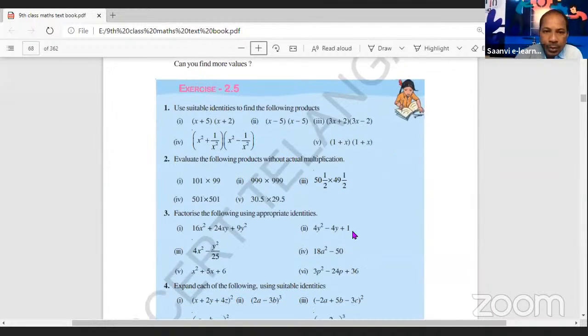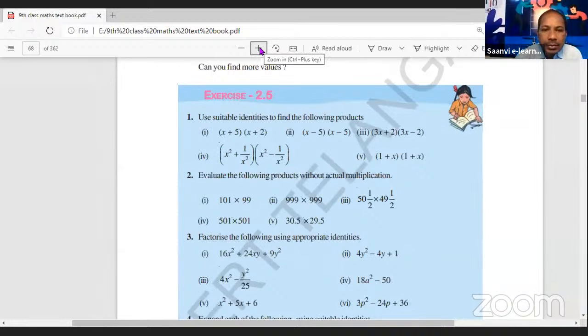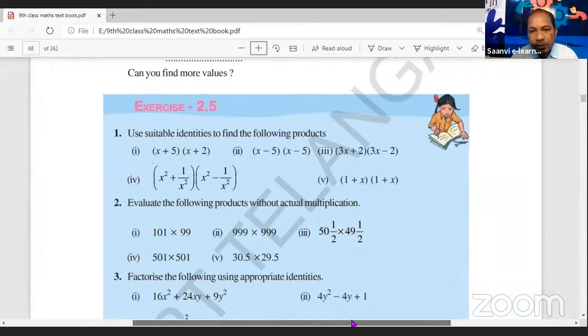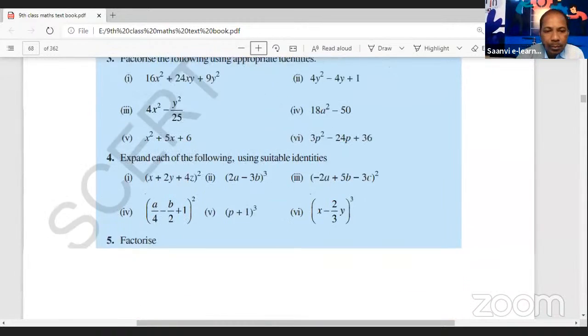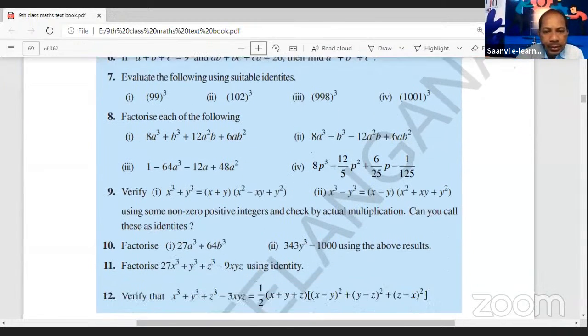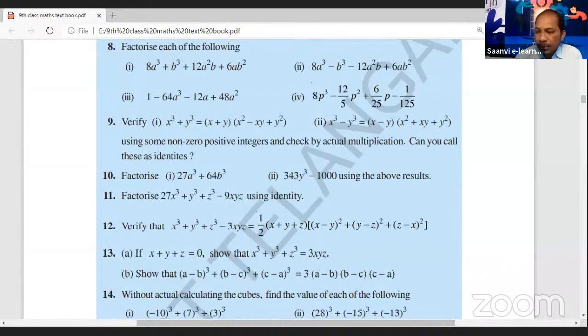See, this is exercise 2.5. So the first bit is completed, second bit is completed, and also the third bit is completed. Sixth, seventh, eighth also completed. So today we are going to discuss the ninth bit.